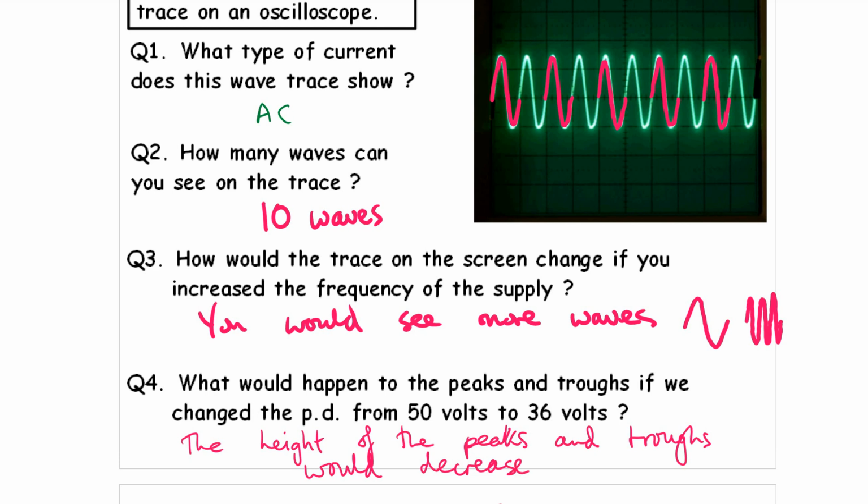So they would no longer be up to there like so. It would be a much smaller wave, so the height would be less, the trough would be less as well. Okay, that will do for today. Well done.